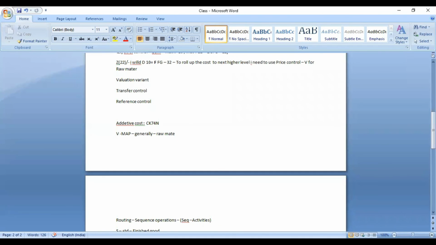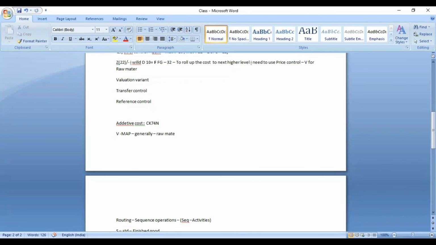Second operation, pouring that raw material into the grinder or machinery. Based on the quantity of material considered for this batch, for one batch of 100 kilos, for example, it will take 2 hours for the mixing and grinding, which is the second operation. Then drying will be the third operation.